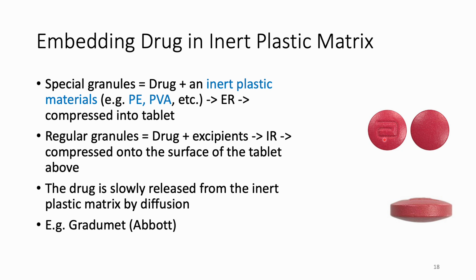The immediate release granules provide fast action, and then the remaining special granules control prolonged release to maintain the drug concentration within the therapeutic window for a long time. For this release, the drug is slowly released from the inert plastic matrix, mostly by passive diffusion. An example of this technology is Gradumet made by Abbott.